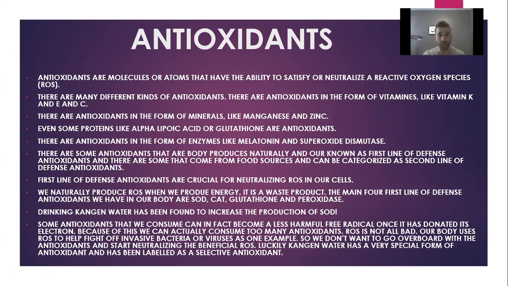And one thing that is not highly promoted, which I found quite interesting when I was doing my original research, is that when a food or a substance is considered an antioxidant, what we call a second line of defense antioxidant, because you're getting it from your food, when that antioxidant molecule donates an electron to a free radical, now that it lost its electron, it itself will become a less harmful free radical.